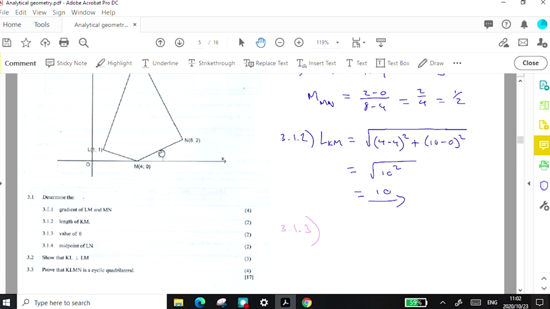This is the angle of inclination, therefore tan theta should be equal to the gradient of MN, where the gradient of MN is equal to half. Therefore, tan theta should be equal to half.